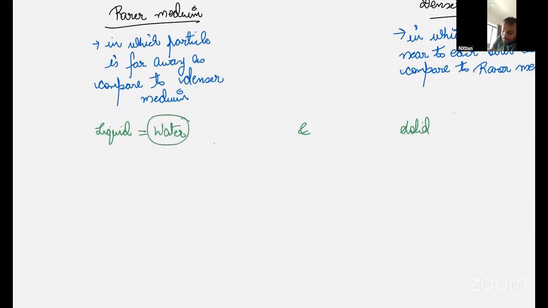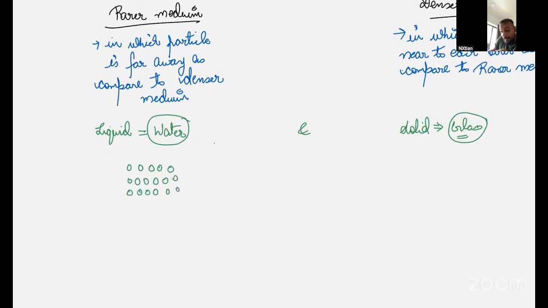Yeah. So, for example, if I talk about water and glass, we know that water is a liquid medium. So the particles are going to look like this. It is closely packed, no? So why did I put liquid in the rarer medium?